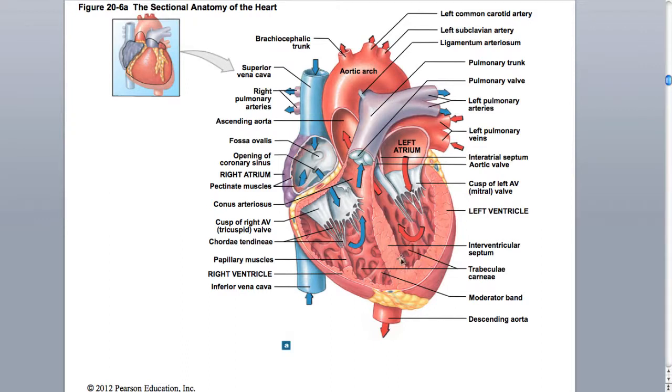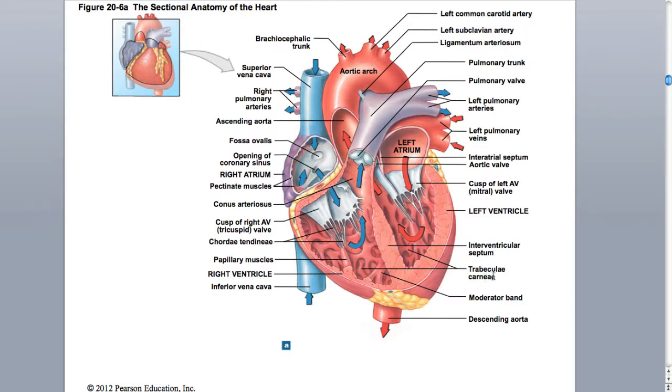Okay, I'm now in the left ventricle here. Then we already talked about the two little walls. One wall was the interatrial septum, and the other thicker wall is the interventricular septum. Then we have this trabecula, which helps turn the blood and create turbulence inside the lining of the chambers.